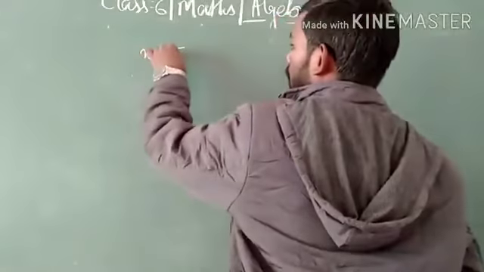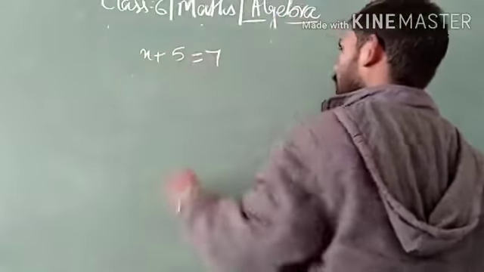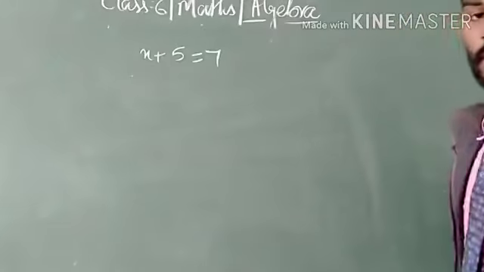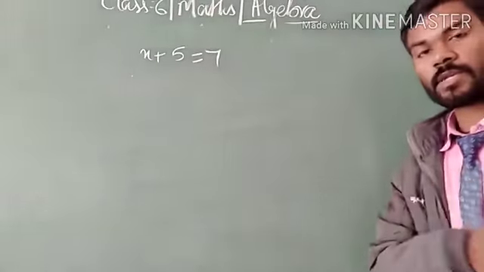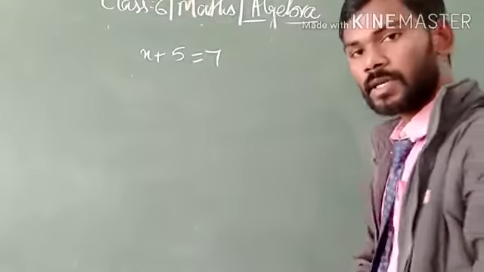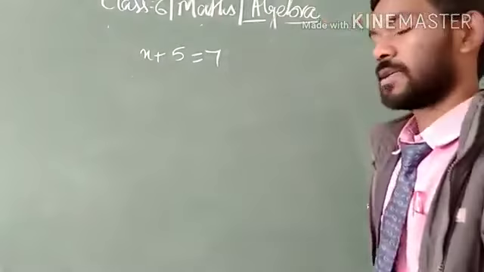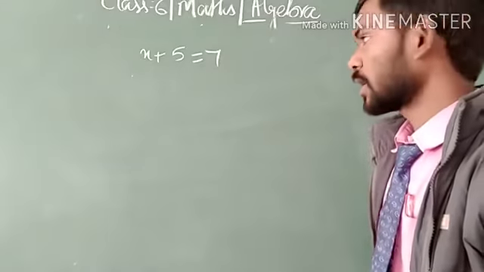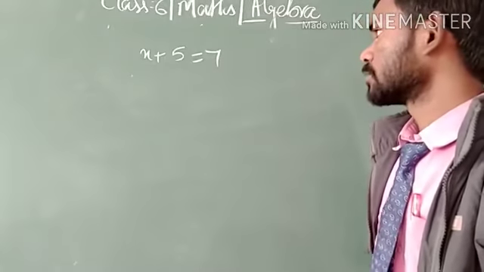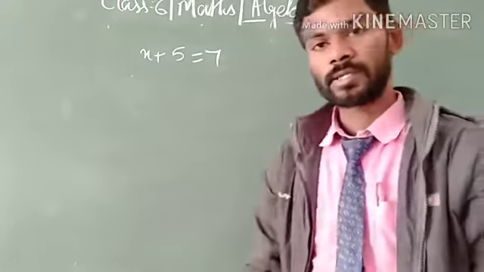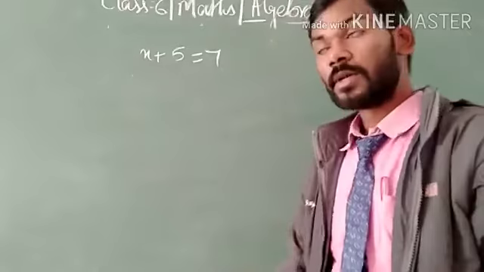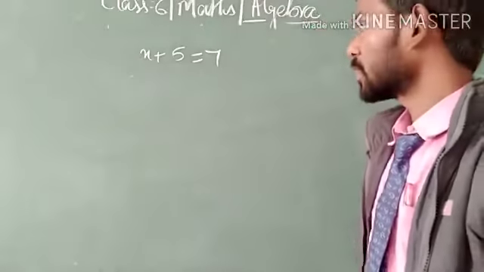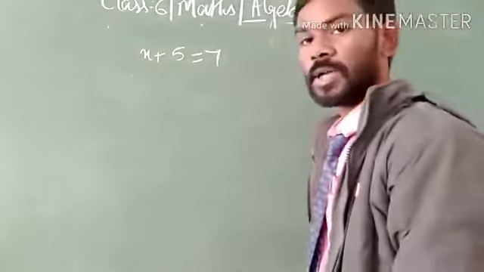x plus 5 is equal to 7 be the given equation, and we have to find the value of x. Let us see how we solve it. We have already discussed the simultaneous operation method, so we shall apply that here.